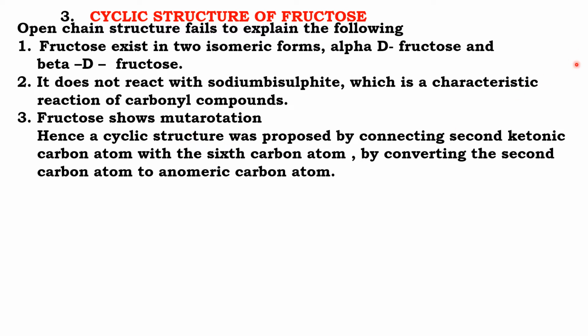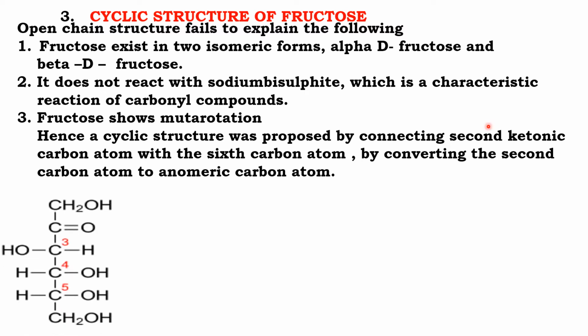Hence, a cyclic structure was proposed for fructose by connecting the ketonic group present on the second carbon atom, that is the C double bond O at the second position, with the sixth CH2OH group.